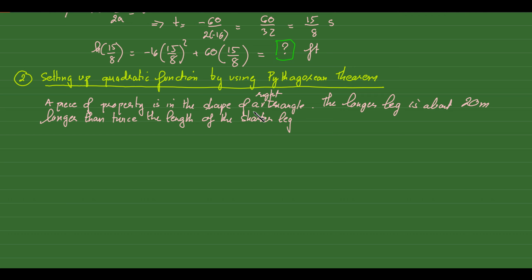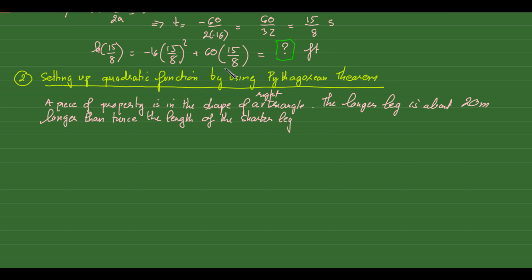Because this is an application, it's a word problem. You remember when you do applications for linear equations, it's kind of the same thing. You have to read the problem, and based on the information given, you have to set up the equation, right? But the equation in this case will be a quadratic one.